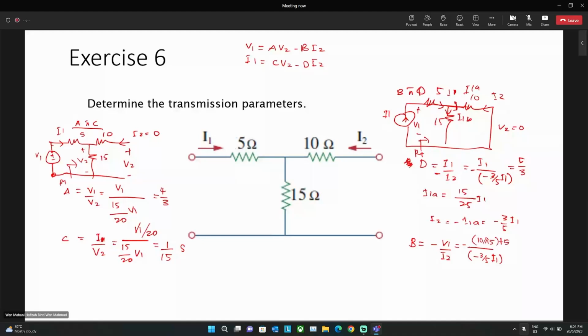R total times I1 gives V1, so I1 can cancel out here. If you calculate 10 parallel with 15, you get 6, plus 5 is 11. The negatives will cancel out. If you calculate, you will get 18.33 here. The unit is ohm because it is V over I. Okay, that is the transmission parameters.